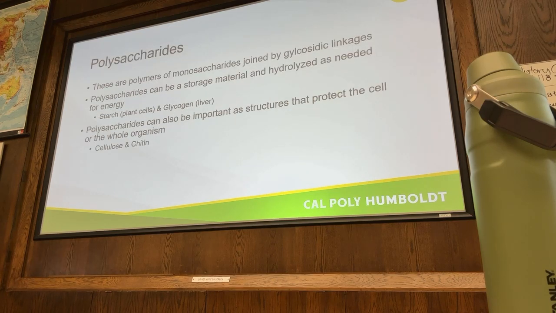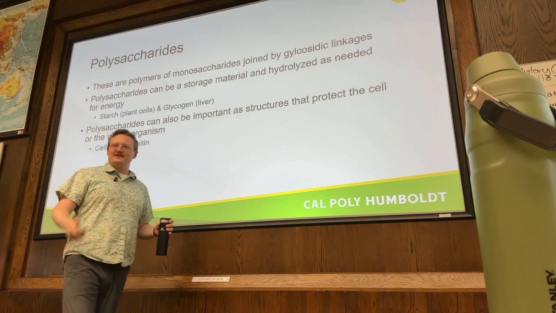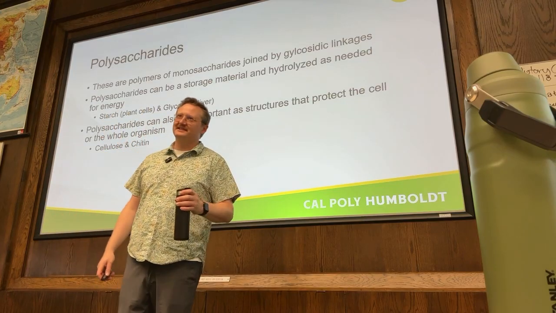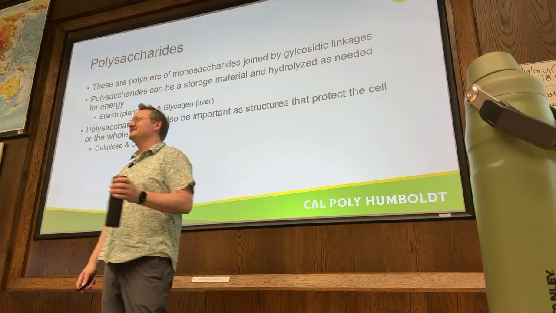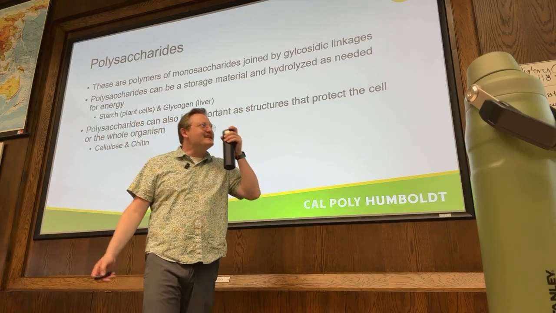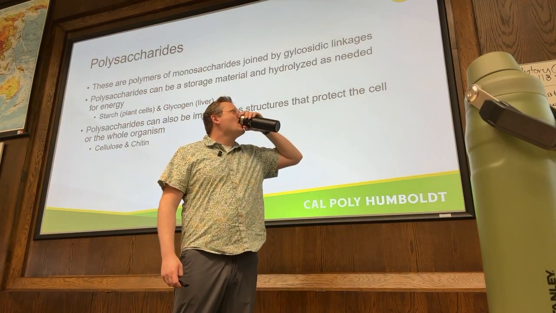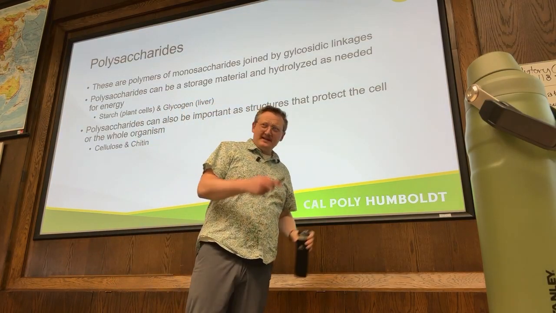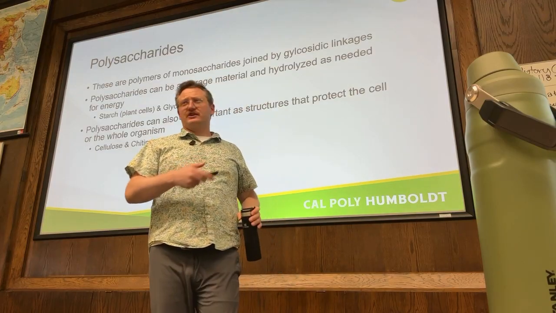All right, polysaccharides. So polysaccharides are polymers of monosaccharides. They are joined by glycosidic linkages. What's a glycosidic linkage? It's a bond between 2 monosaccharides. Polysaccharides are energy storage and structure.